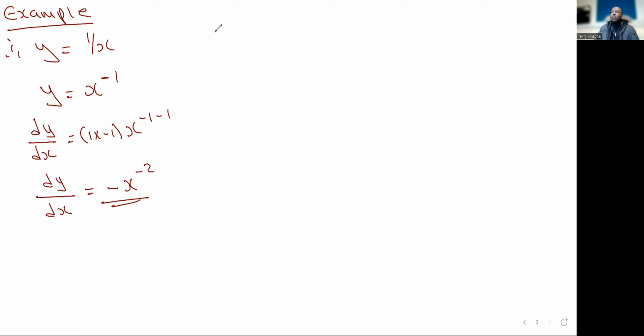Okay. So number 2, let's pick another example. Let's say we have y is equal to 5 over x raised to the power half. The same thing, we'll have to convert this to an index form. So the same thing as saying y is equal to 5 multiplied by 1 over x raised to the power half.